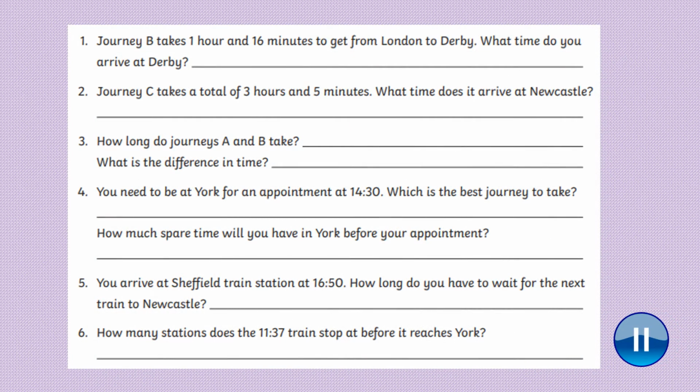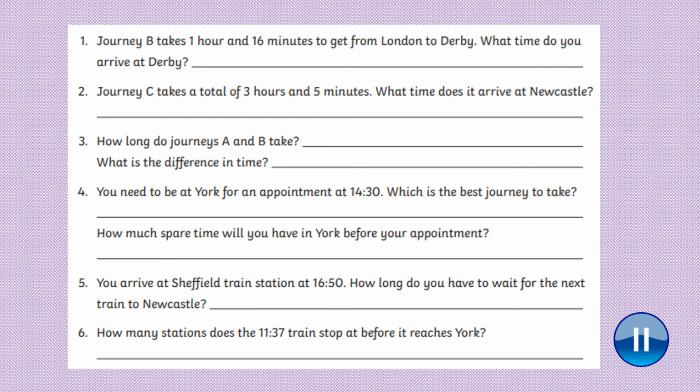So the questions are: Number 1, Journey B takes 1 hour and 16 minutes to get from London to Derby. What time do you arrive at Derby? Number 2, Journey C takes a total of 3 hours and 5 minutes. What time does it arrive at Newcastle? How long do journeys A and B take? What is the difference in time? Two parts to that bit.